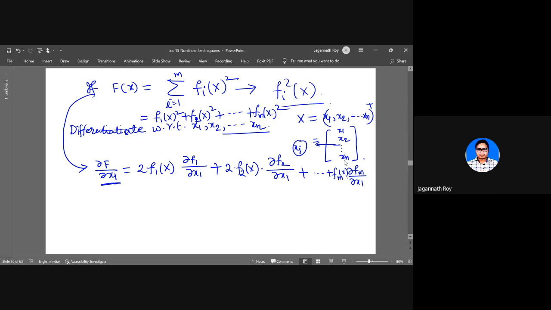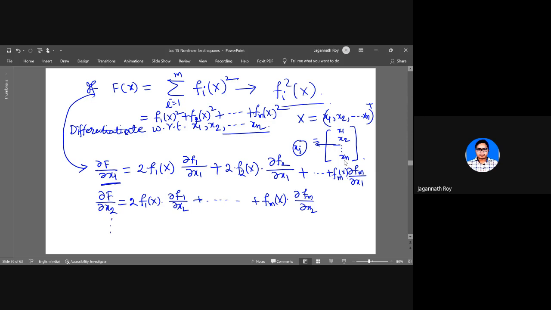Similarly, del of x2 will be 2 times f1 of x into del of f1 del x2 plus, and so on, fm(x) into del fm by del x2, and so on.